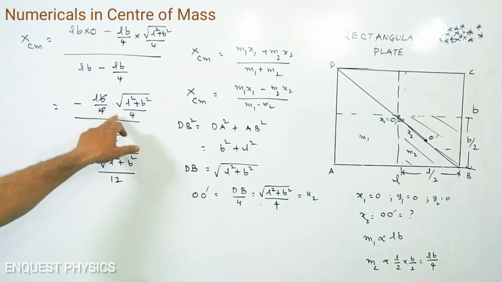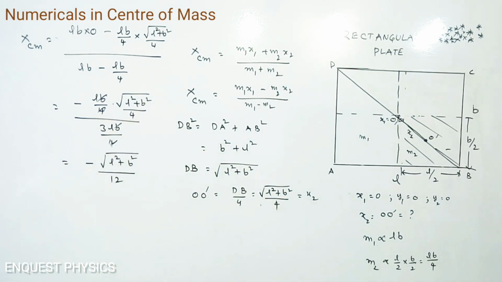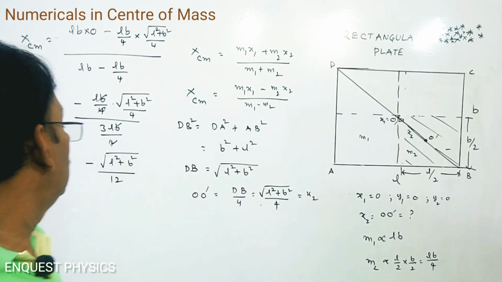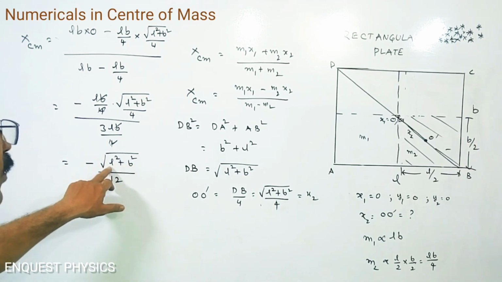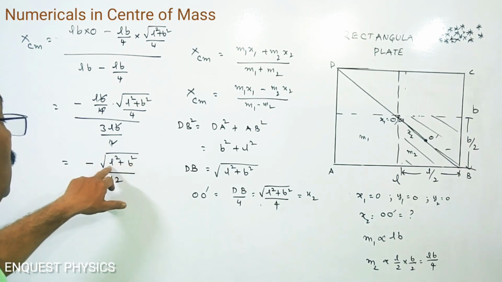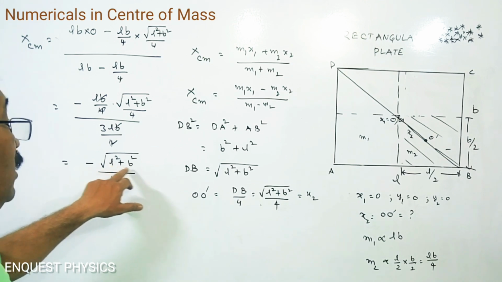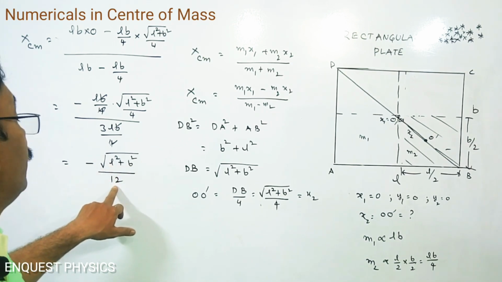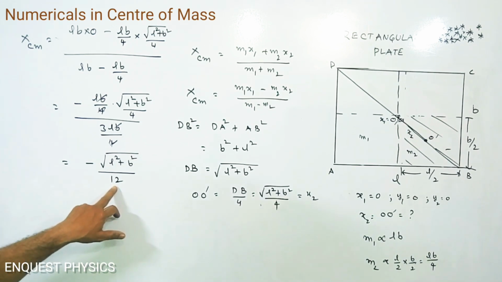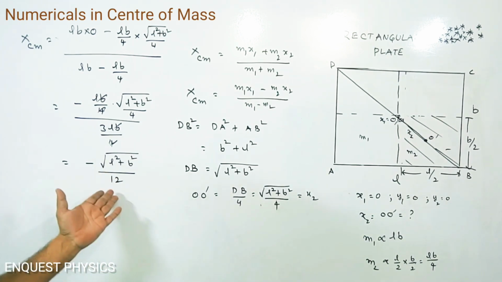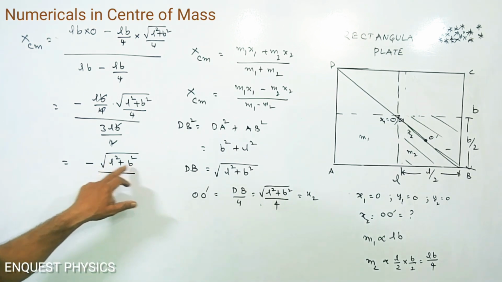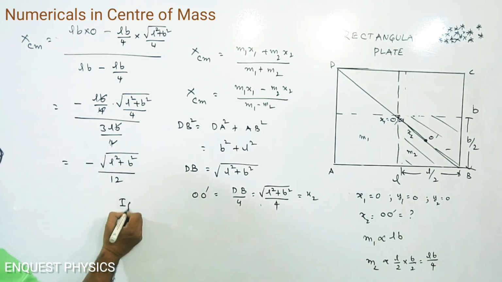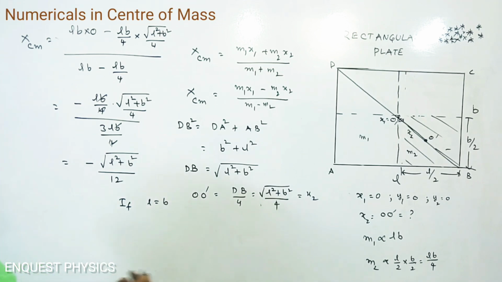Students, in this way you can find out. Let's check whether it's right or wrong. If you consider it as a square plate, then L is equal to B, and then what do you get?